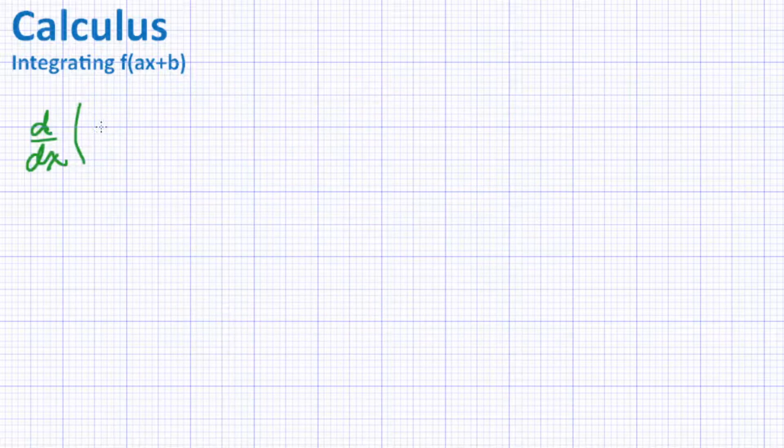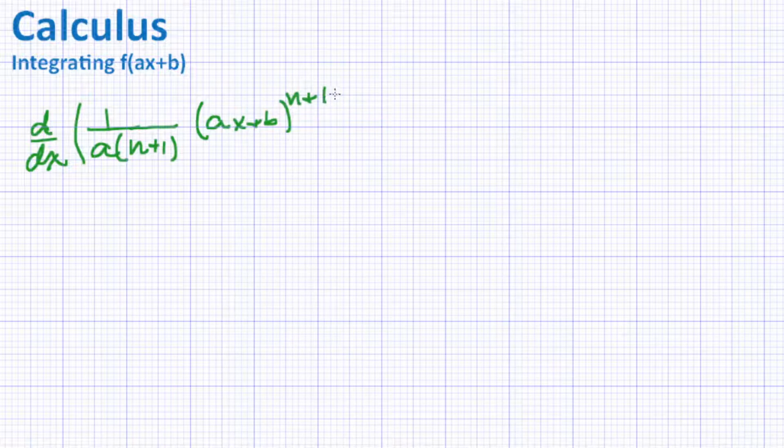What now if I take the derivative of 1 over a multiplied by n plus 1, which multiplies (ax plus b) to the power of n plus 1? What would this be?